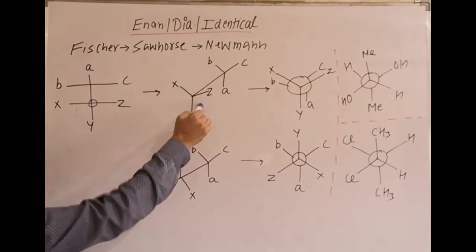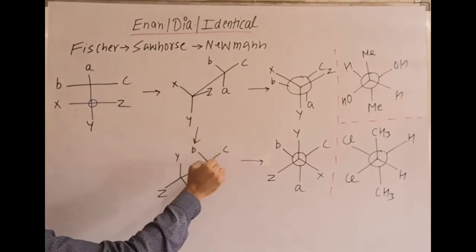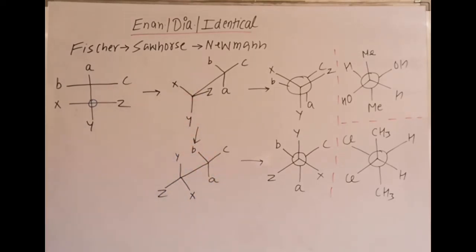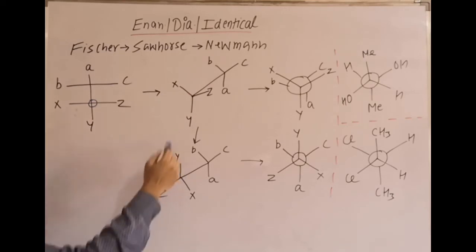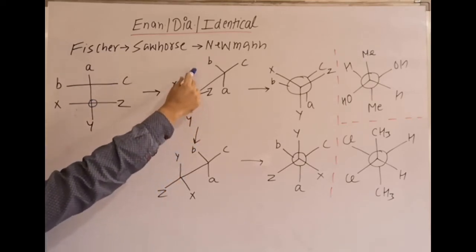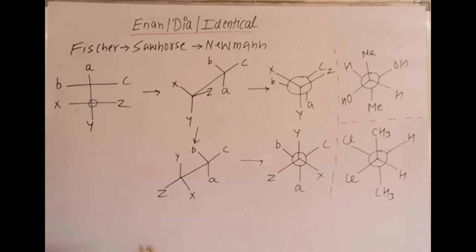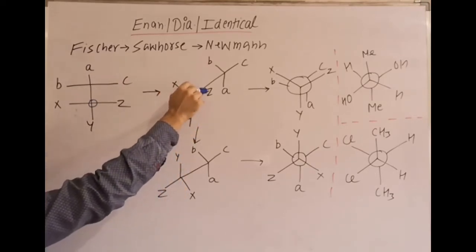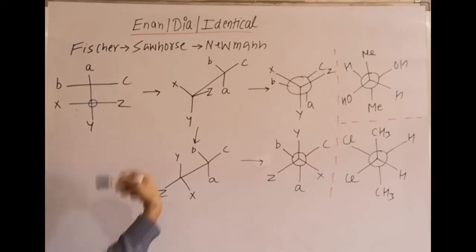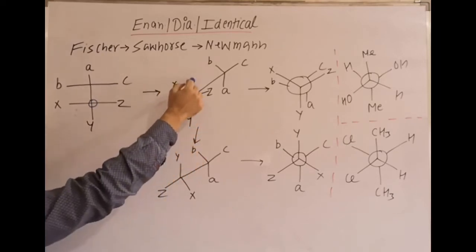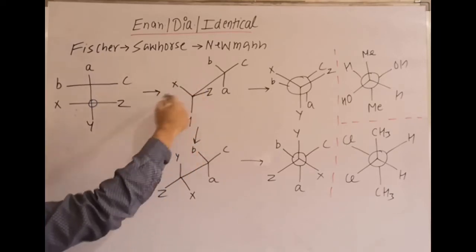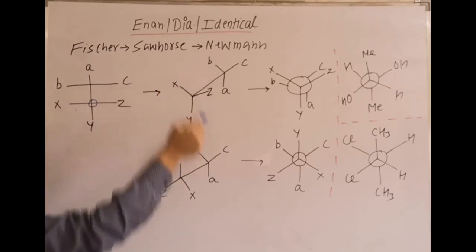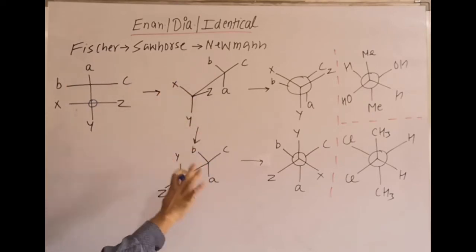Now we can fix the back carbon and rotate the front carbon so that Y comes exactly upwards and it becomes the staggered form. Exactly 180 degrees we are rotating like this, Y above and Z opposite, and X, which was on the left, will now be on the right. Back carbon fixed.